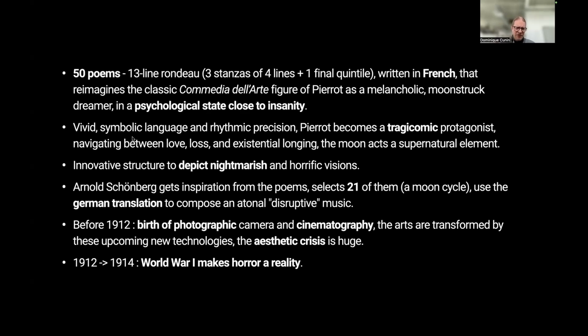So it's very vivid. The language is very symbolic, and we have Pierrot that is really tragicomic. We have also supernatural elements. The moon is always here, making Pierrot mostly mad in very strange situations.